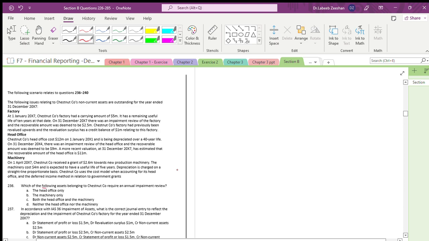Which of the following assets means we have to read the scenario of all the assets. First, you read the question, and it will make sense.